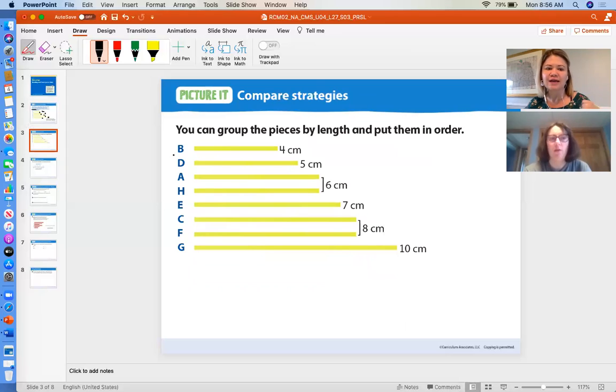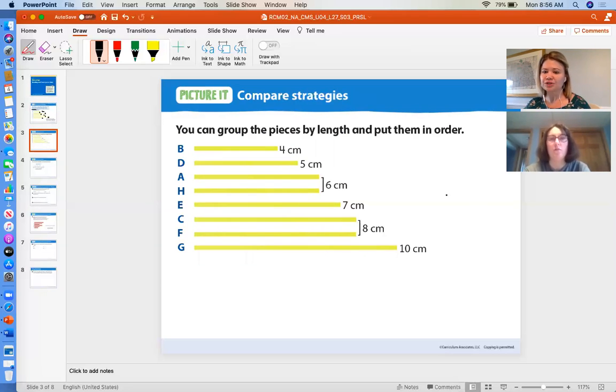So if you look at it, the order of the alphabet letters has changed because that doesn't match the size. So really the smallest piece was 4 centimeters and that's B, right? So you see here we have 4 and then 5, and then look here, there are 2 6s, 1 7, 2 8s, and 1 10. So this is one option for organizing this information.